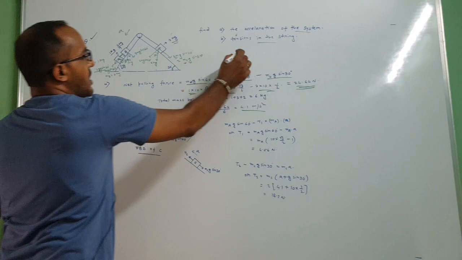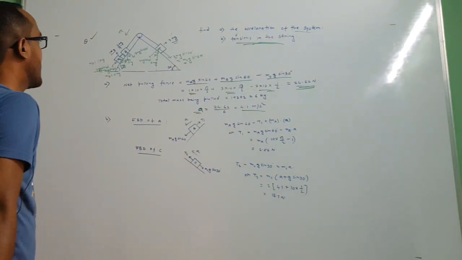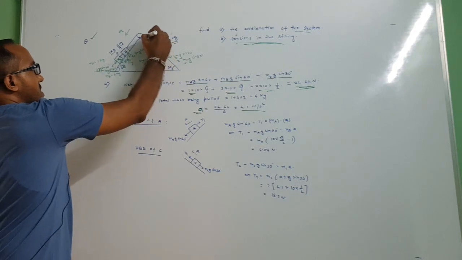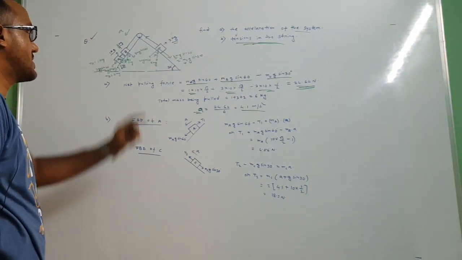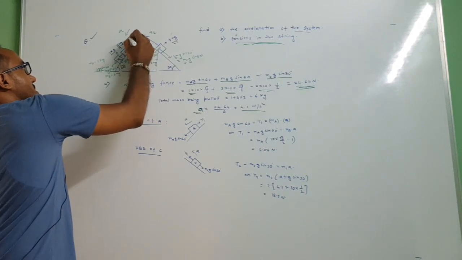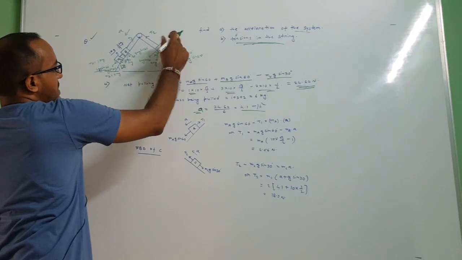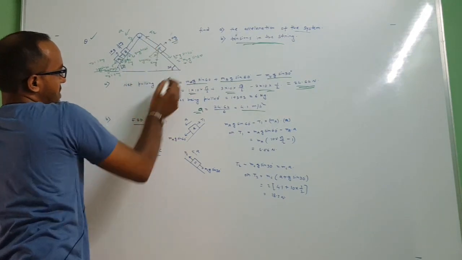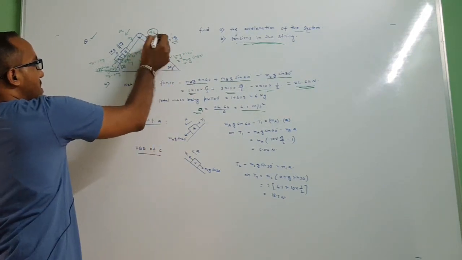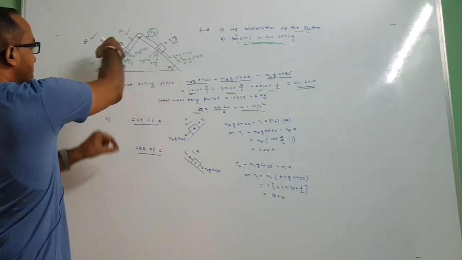Now the next question is to find the tension in the string. I have already told you that tension is always towards the pulley. Let us say this tension is T2 on both sides. You can draw the FBD of C to find the tension. Here T2 is larger because this mass is larger, so the whole system is going in this direction.